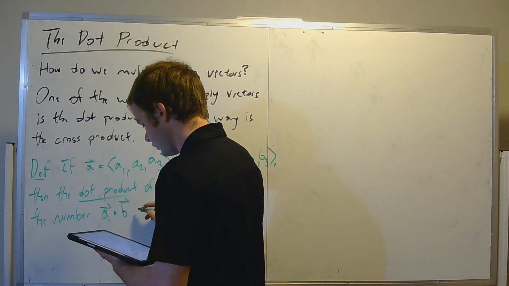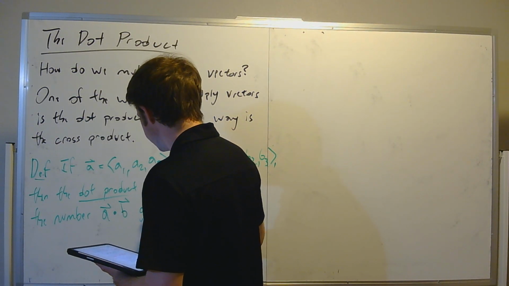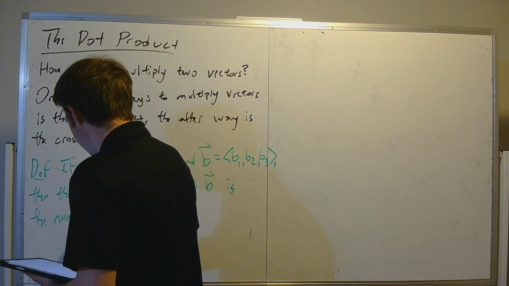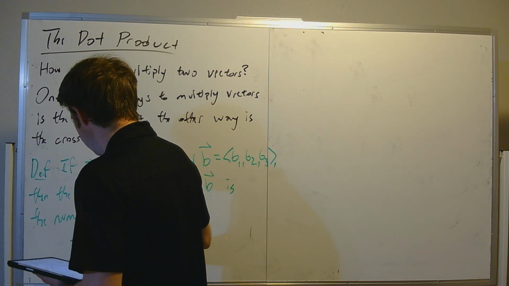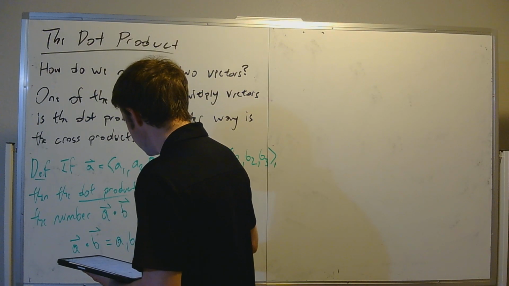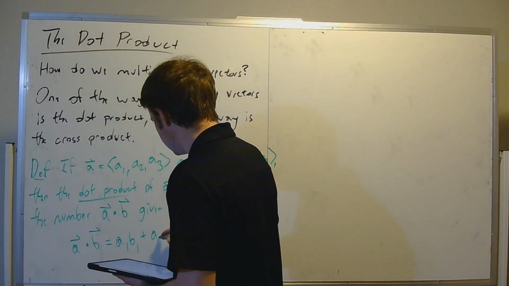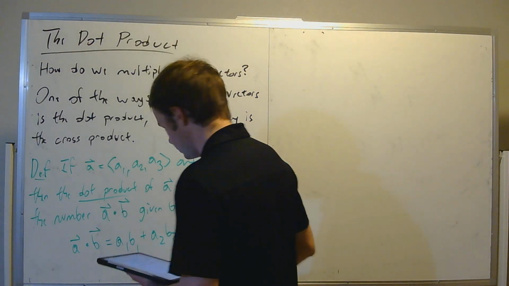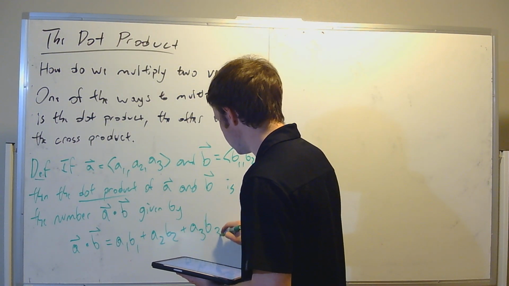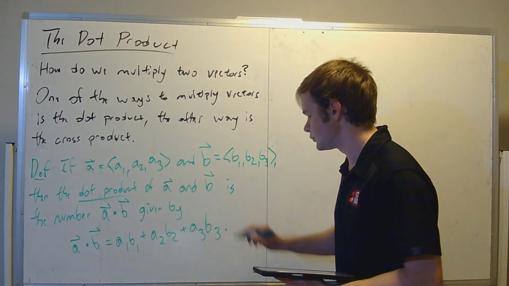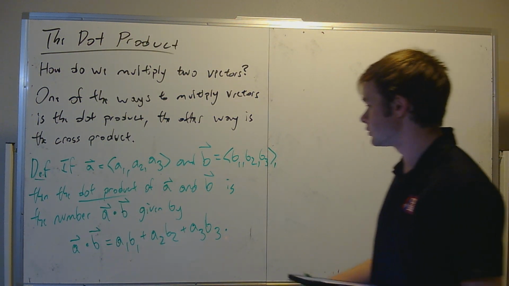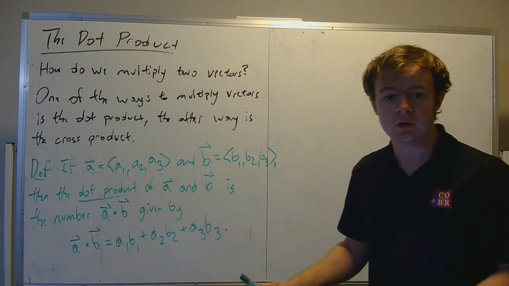It is given by A dot B equals A1 B1 plus A2 B2 plus A3 B3. So the way that we take the dot product is just multiplying together the components.